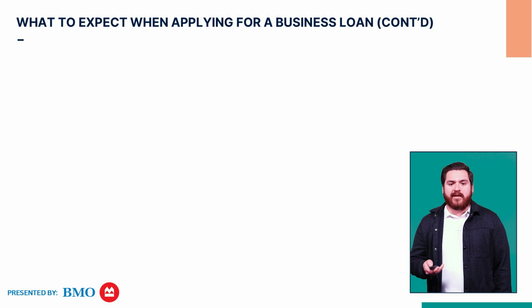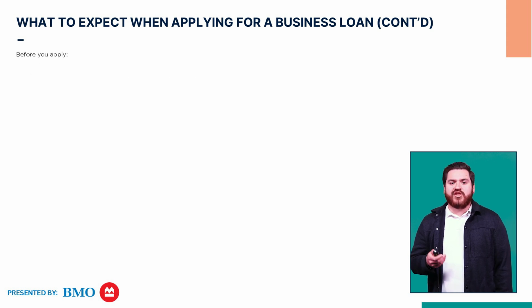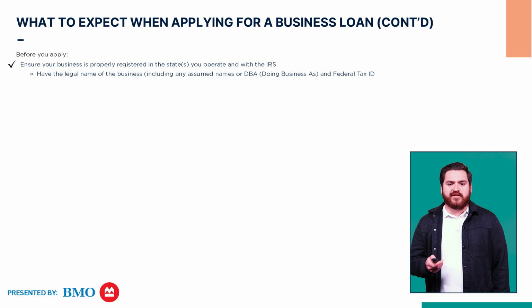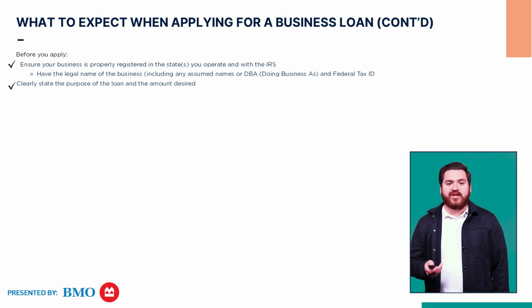Before you submit the loan application, here are some things to consider. First, ensure that your business is properly registered with the state that you are operating in and has all necessary business documents. Next, when completing the loan application, clearly state the purpose of the loan and the amount that you are requesting.